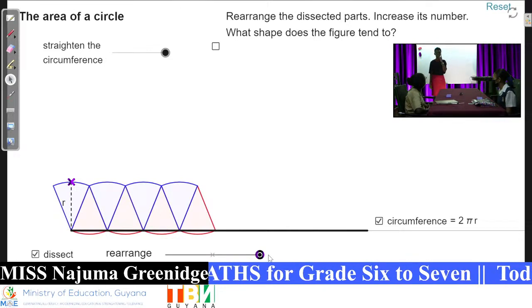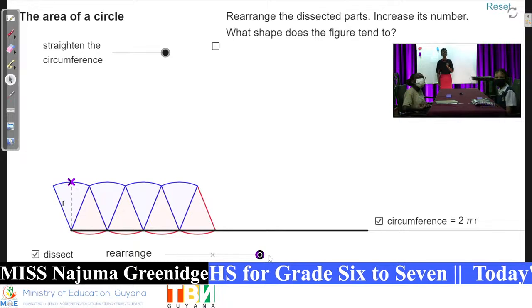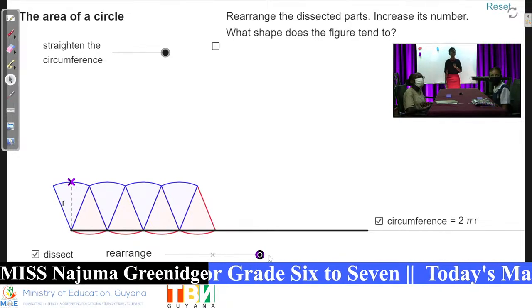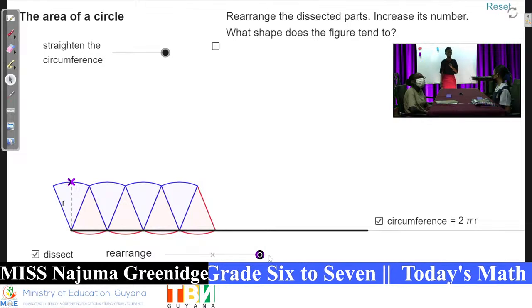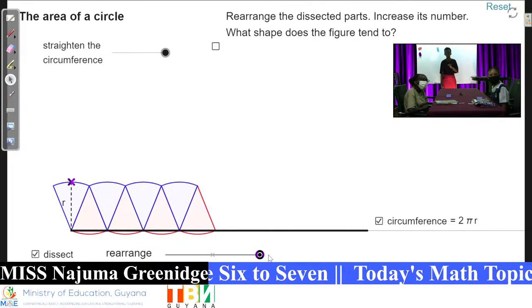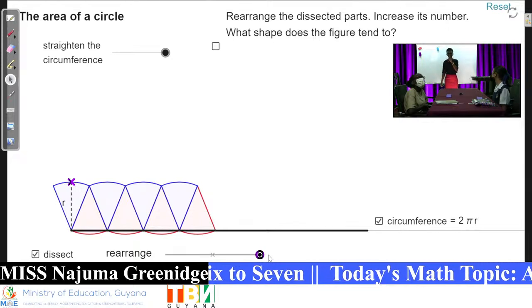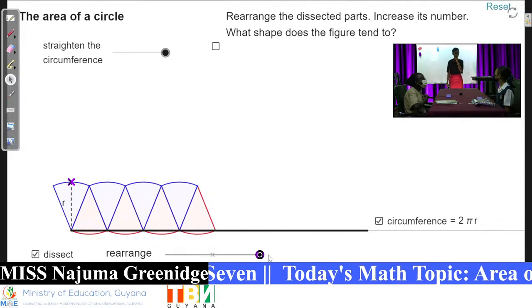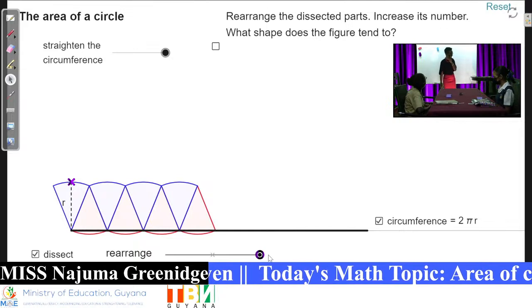So we're going to think of that for now, right? Good. Now look at the circumference. Did we use up the entire circumference or part of it? Part of it. How much of it? Almost how much? Half of it. That is very good, right? So just half of the circumference we used up. So that's going to be key just now.